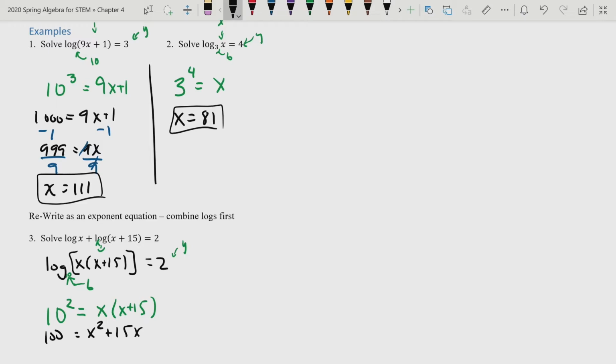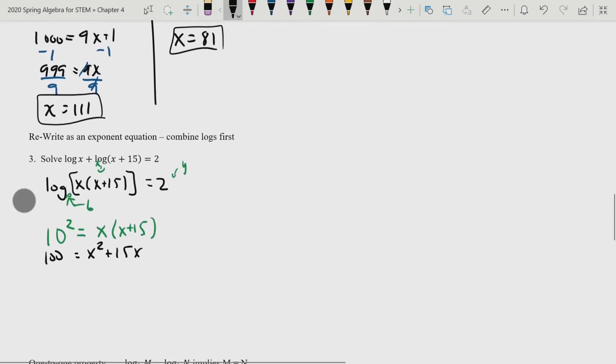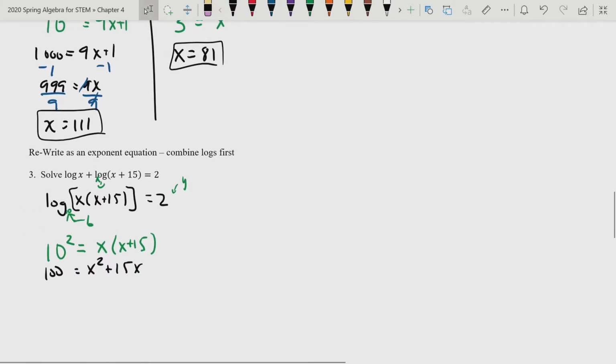We did a whole chapter on how to solve things that look like this. When you're dealing with a quadratic equation, you want to get everything on one side. So I subtract 100. I get 0 equals x squared plus 15x minus 100.